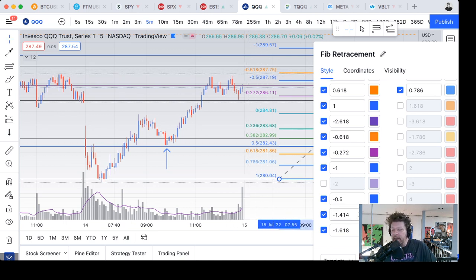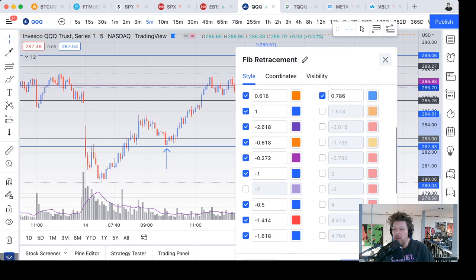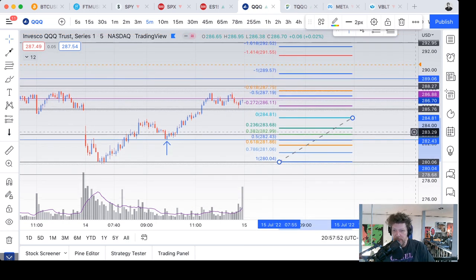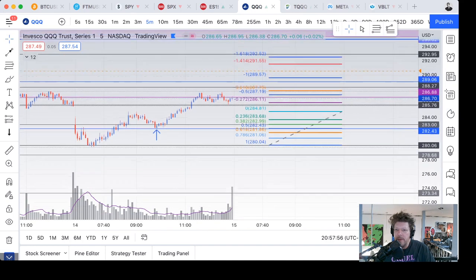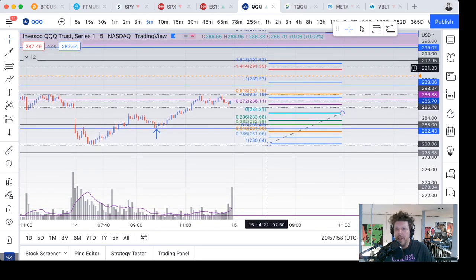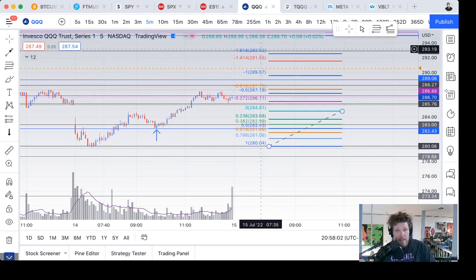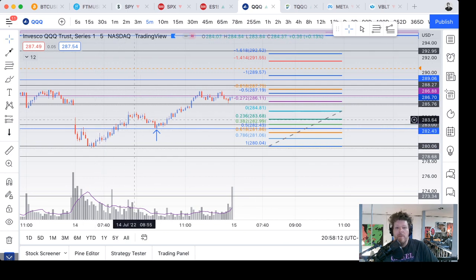I went ahead and added the 1.414 and the 2.618, which is the 200% extension, and you can see those up here. Sometimes the 1.414 will hit, and I know people use that a lot in Forex. And sometimes if it's really running, you'll get all the way up here to the 200% extension of this original move.